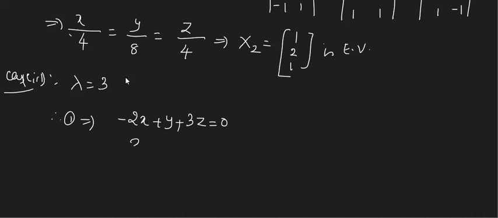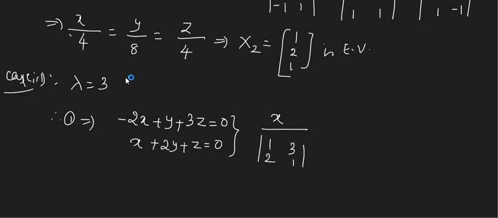Second equation: x plus (5 minus 3) is 2y plus z equal to 0, correct? x upon 1, 2, 3, 1. y upon 3, 1, minus 2, 1. z upon minus 2, 1, 1, 2.